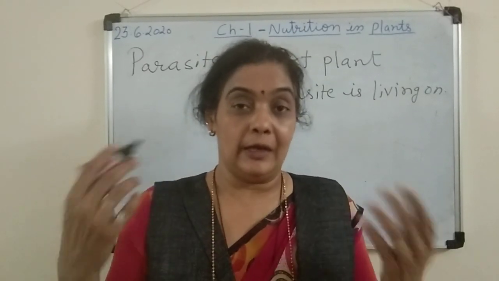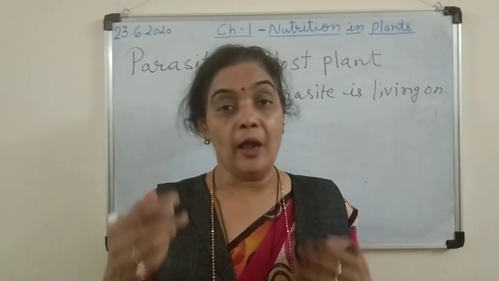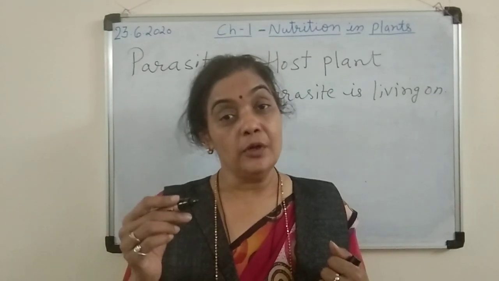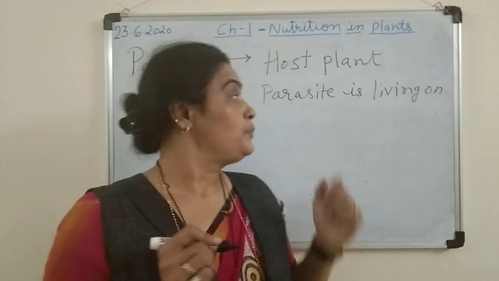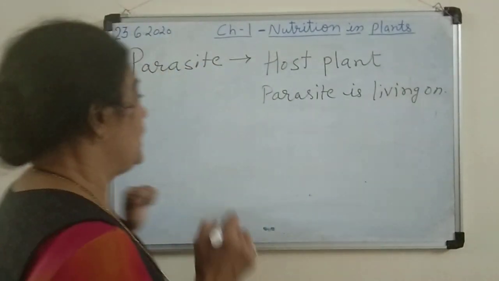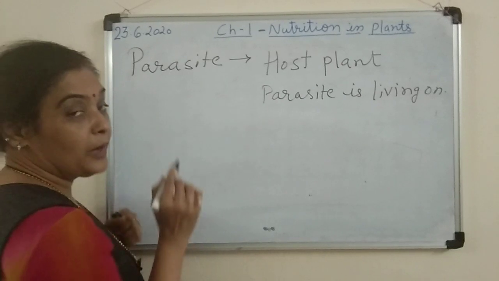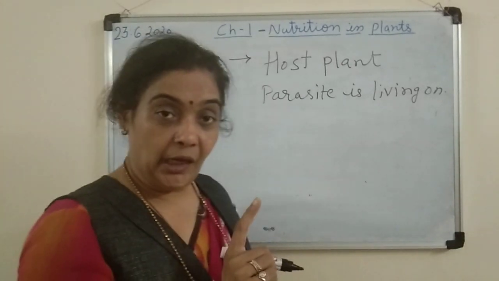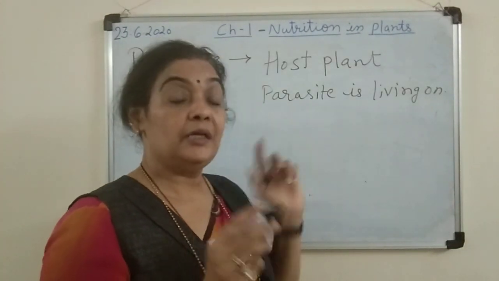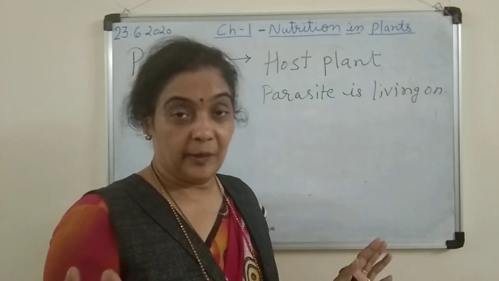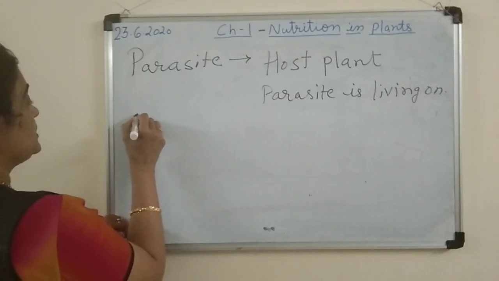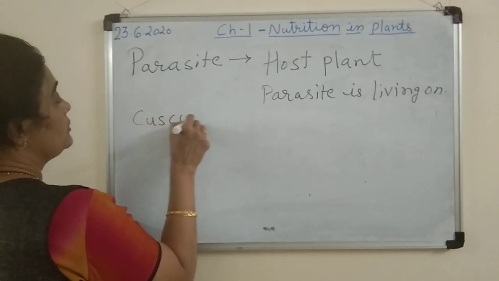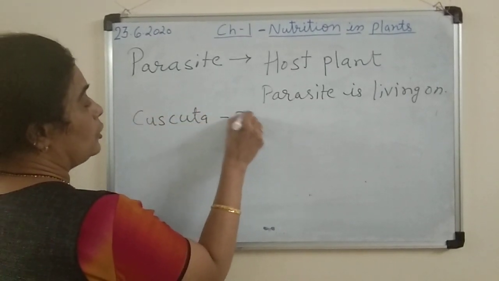They grow on other plants and derive ready-made food from them. Now we see examples. Here the host plant is always suffering and the parasite is always benefited because it is getting ready-made food. Now examples are Cuscuta. In Hindi it is called dodder.